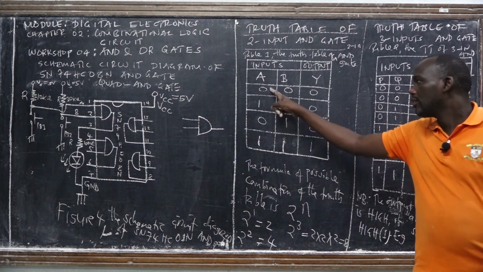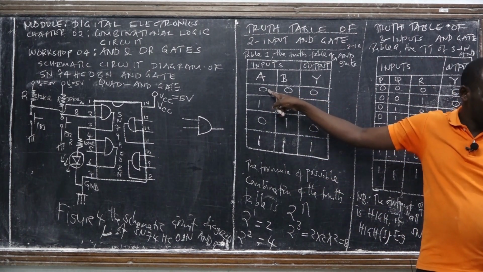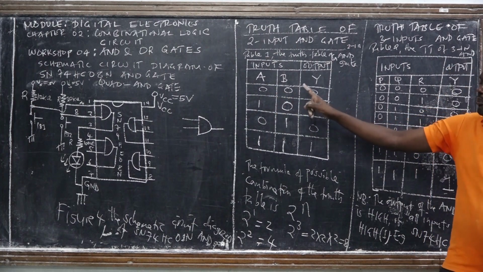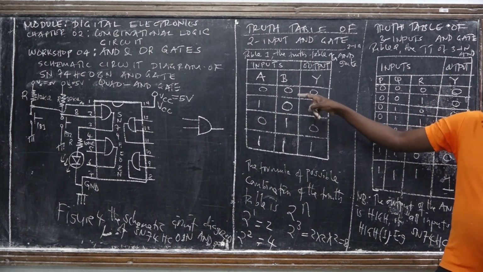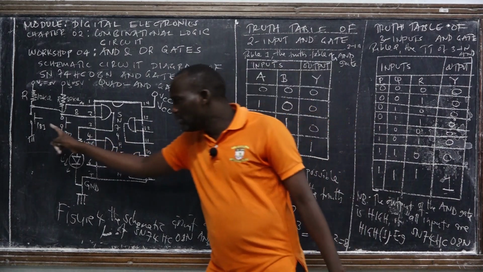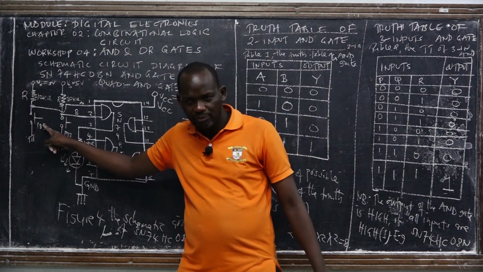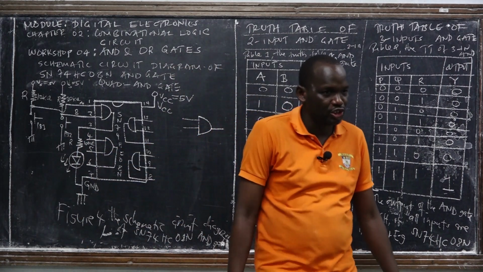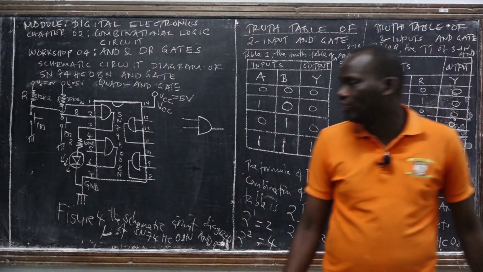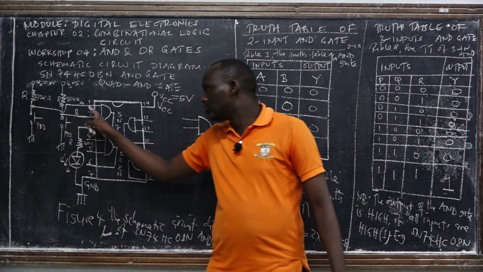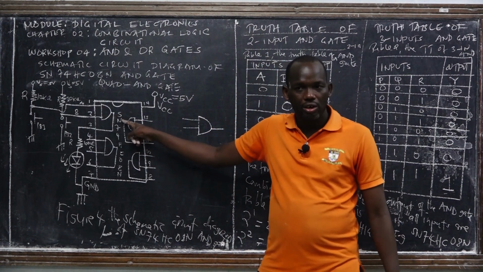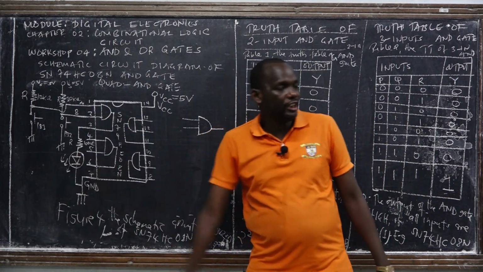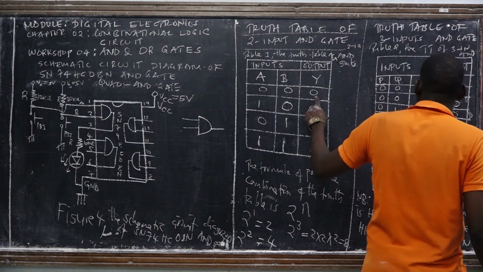What is the first binary input? 0. What is the second binary input? 0. So if the first push button and the second push button are pressed simultaneously, we'll have the state 0, 0. 0 times 0 is 0. The LED will be off. That's why we have outputs of 0.